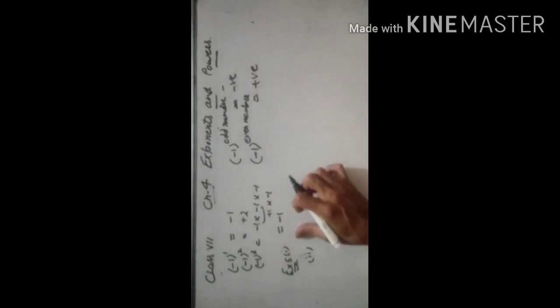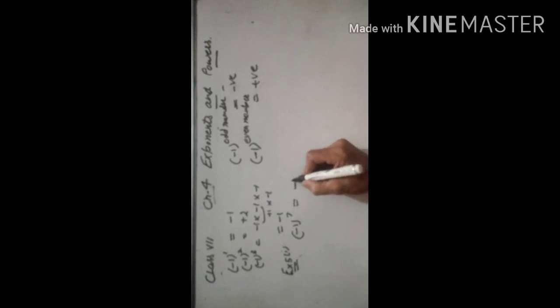Now in example number 5, evaluate the following. Minus 1 to the power 2. 2 is an even number, the answer is plus 1. Second part is minus 1 to the power 7.